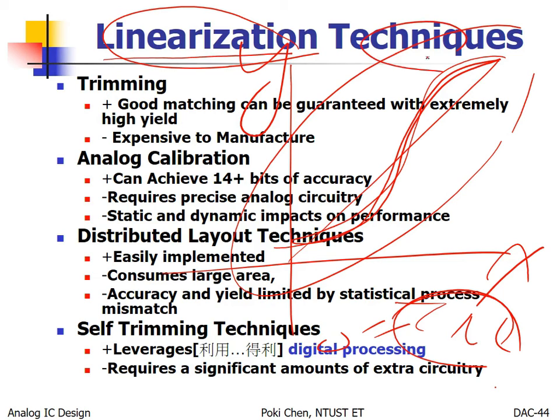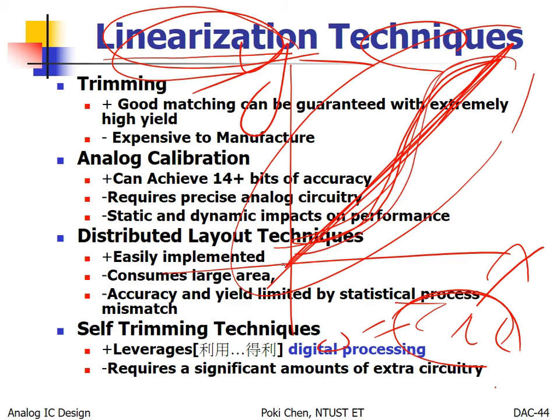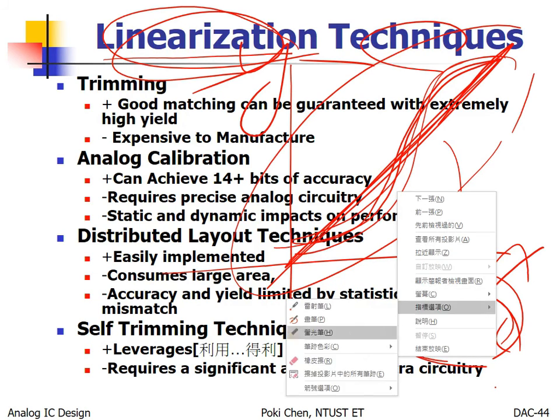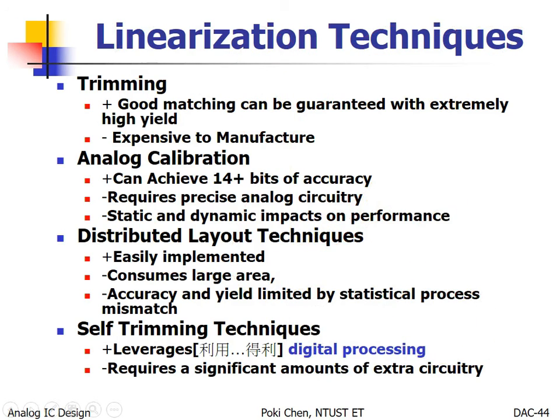The technique to help you linearize your transfer curve or characteristic curve between input and output. To make the nonlinear output become as linear as possible, and you can reduce INL. That's it. And what we have till now, you can see trimming.